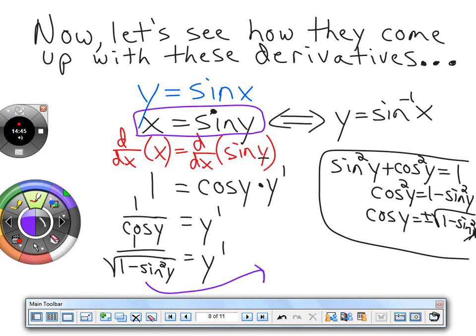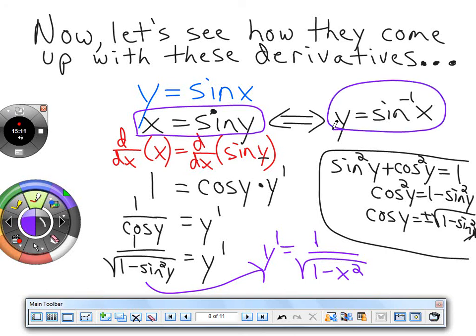So finally, last step, we could say that y prime equals, and we replace sine y with an x. So then we would get the form that we're expecting. That would be 1 over the square root of 1 minus x squared. And that's why that's the derivative of inverse sine of x.